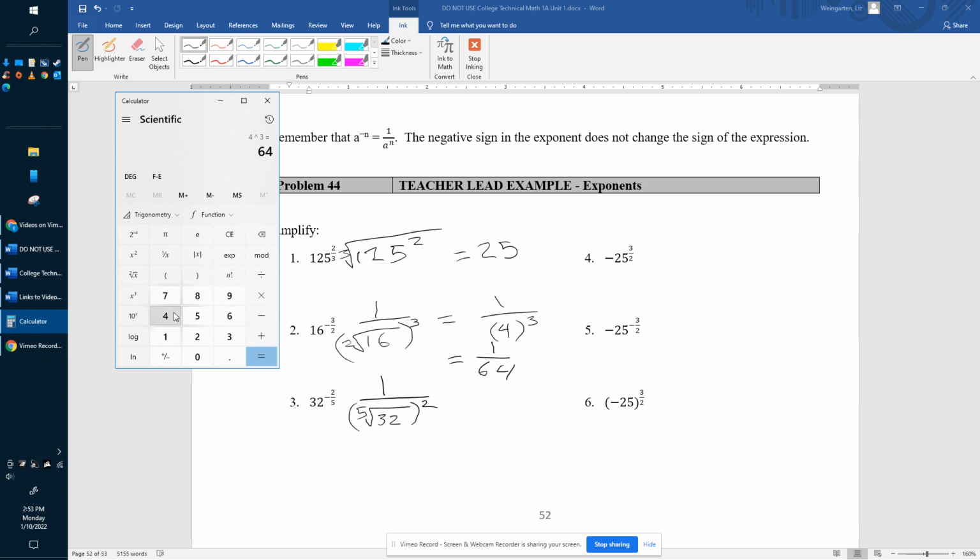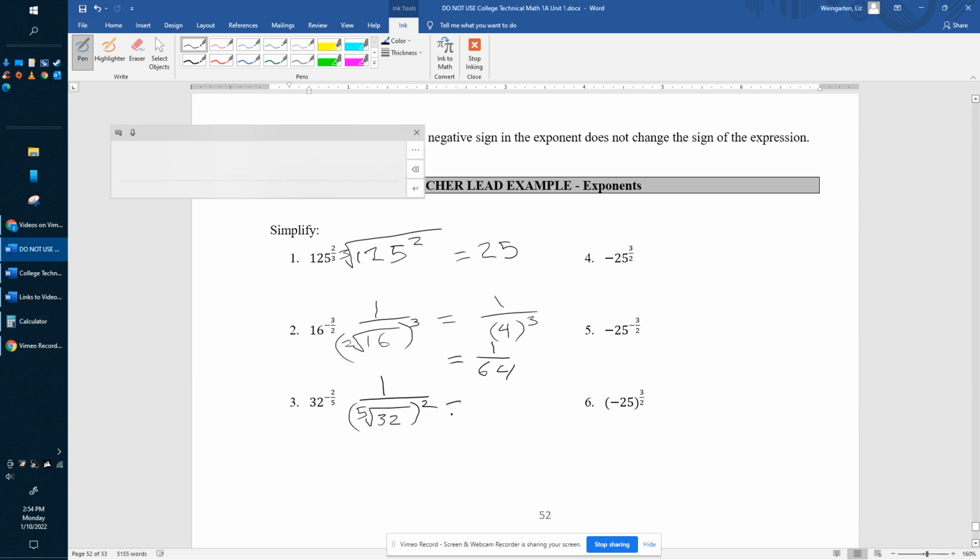Take our calculator. 32, our x to the y button, in parentheses, 1/5. That is 2. 1/2 squared, which is 1/4.